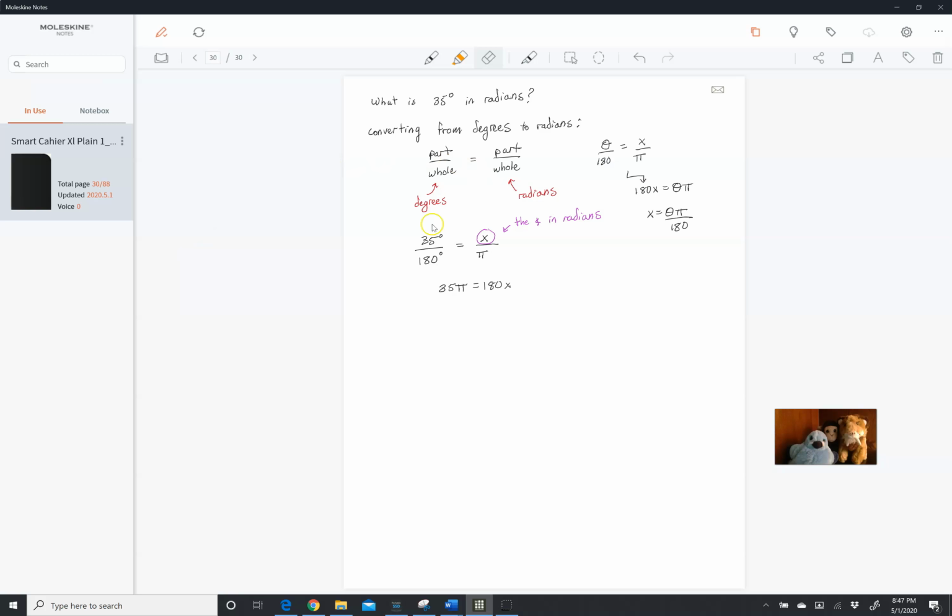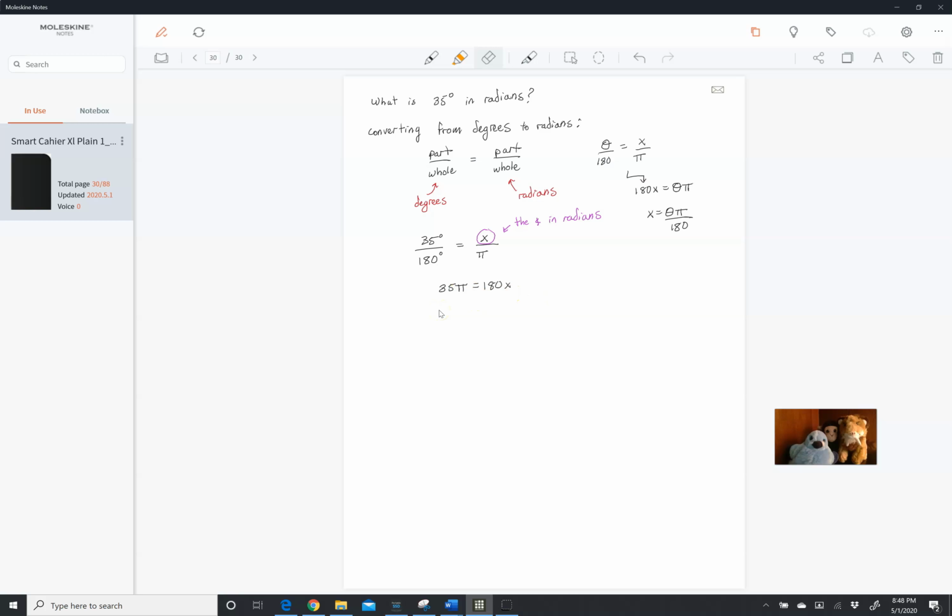So that will always be true. So we can generalize it and say, well, to convert an angle from degrees to radians, you just take the angle that you're given and you multiply by pi over 180. But this is why, because you're constructing a ratio where you have part to whole is equal to part to whole. You cross multiply and you're solving for x.